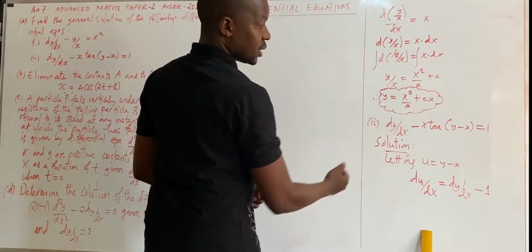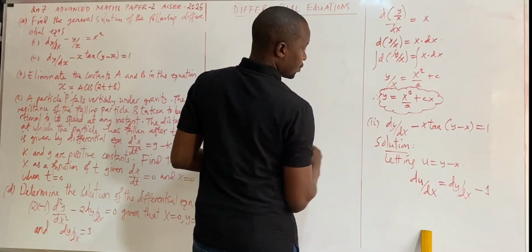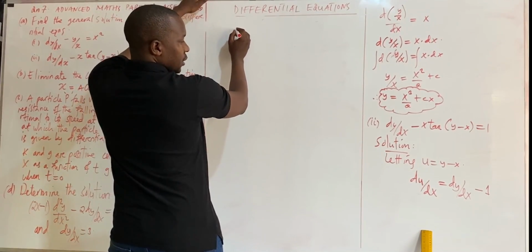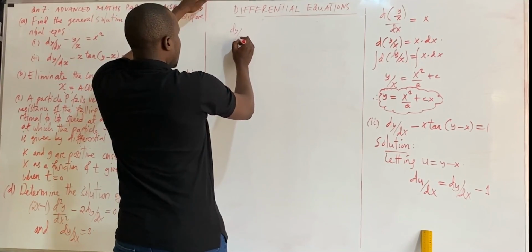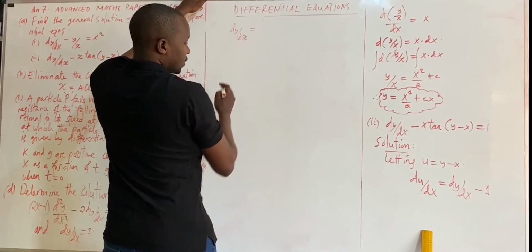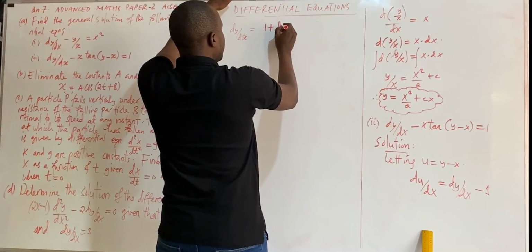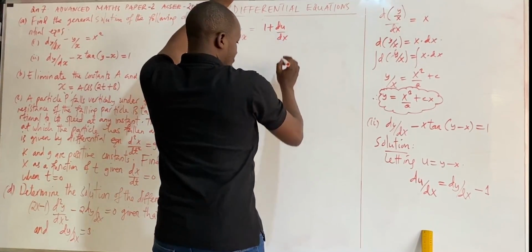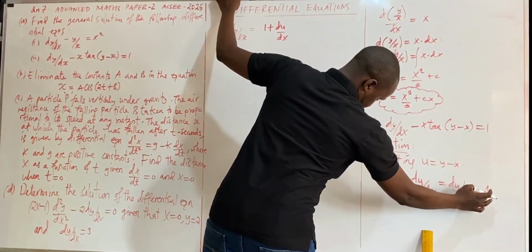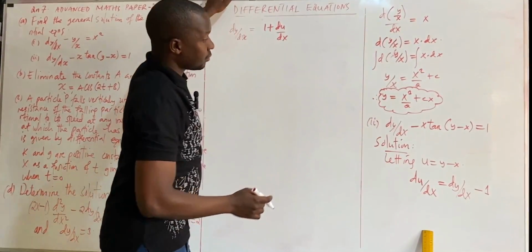Now we can make dy/dx the subject, so we can substitute here. So dy/dx now equals 1 plus du/dx, because we can just take this 1 to the other side.